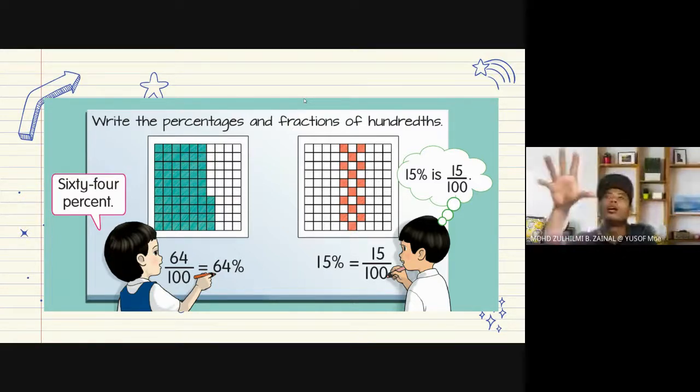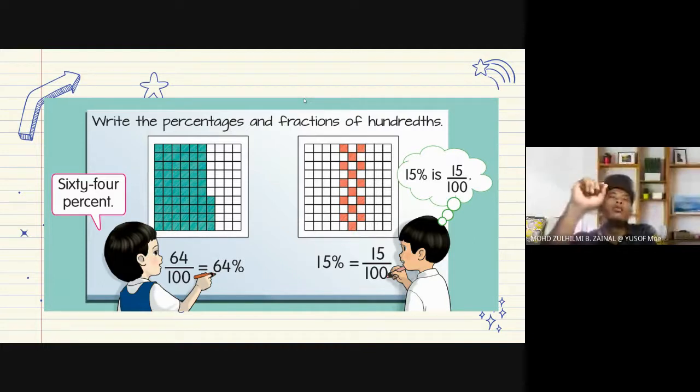Like the question just now, you have to convert all the 100 square grids into fractions of hundreds and into percentage. It's easy. Percentage and fractions of 100 are actually the same. What you should do is count all of the colored squares, the ones that are colored or shaded.